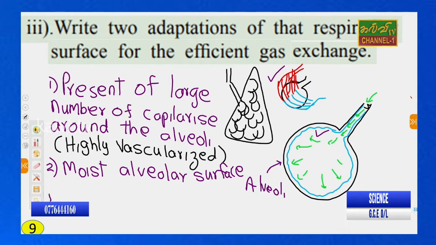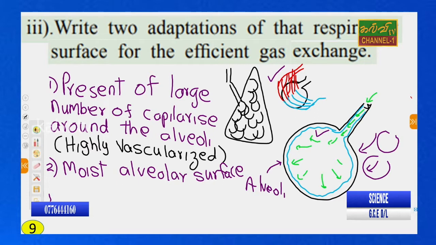Third one, I can mention the shape of the alveoli is sphere shape. Sphere shape means the shape of the spheres also indicates the area. The sphere shape is going to increase the area.